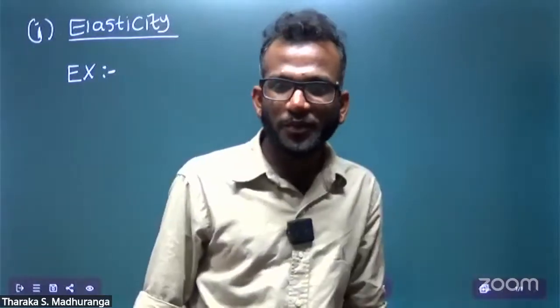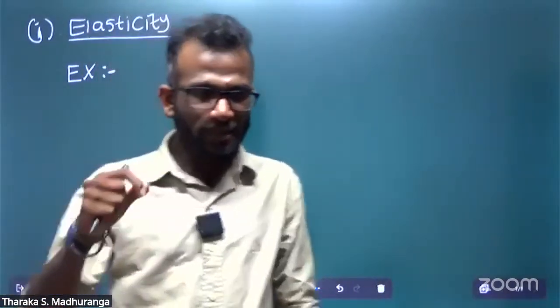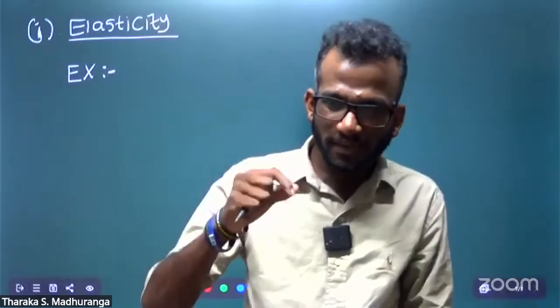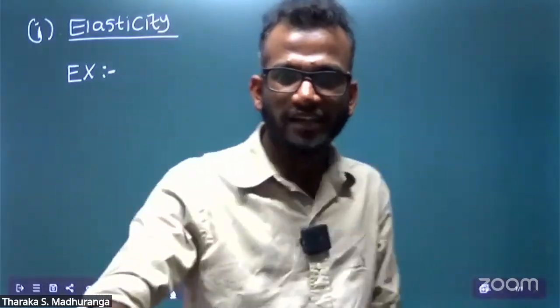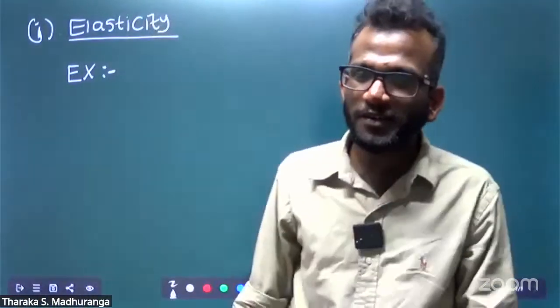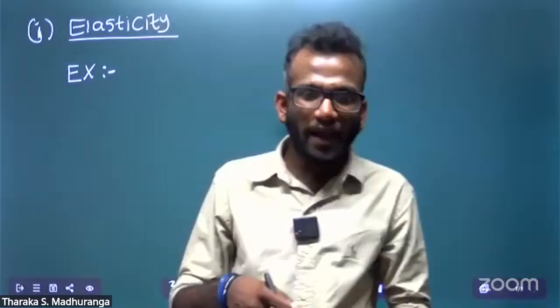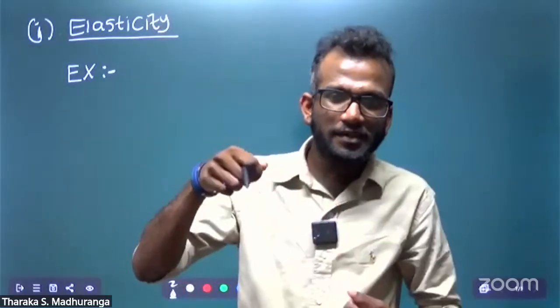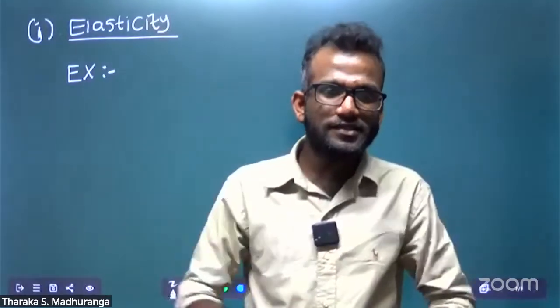A ruler is an object; it can be a rubber ruler. Springs also, yes. But I want the matter. Rubber is one matter type. I am asking about other matters.